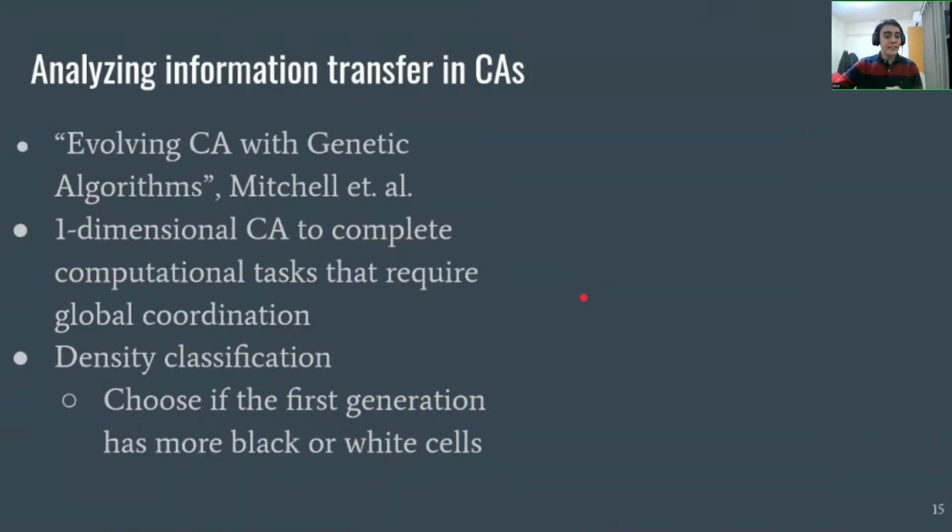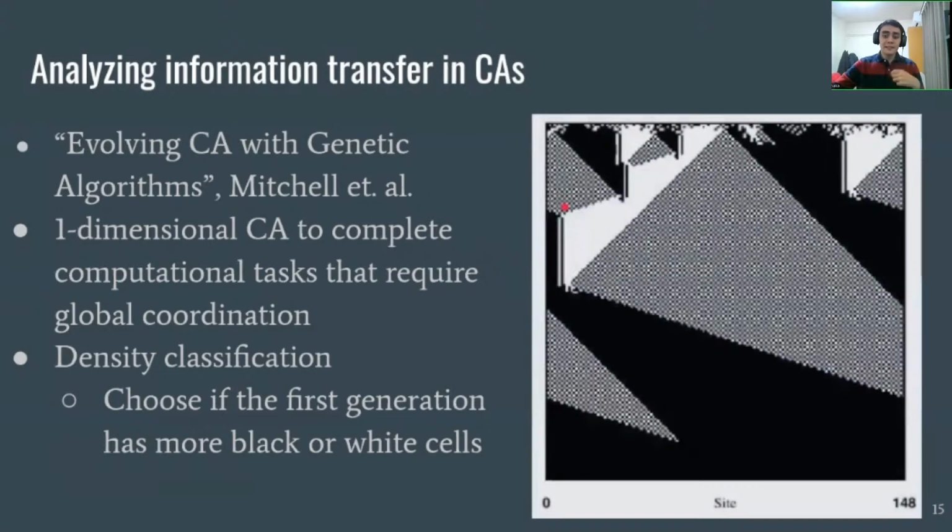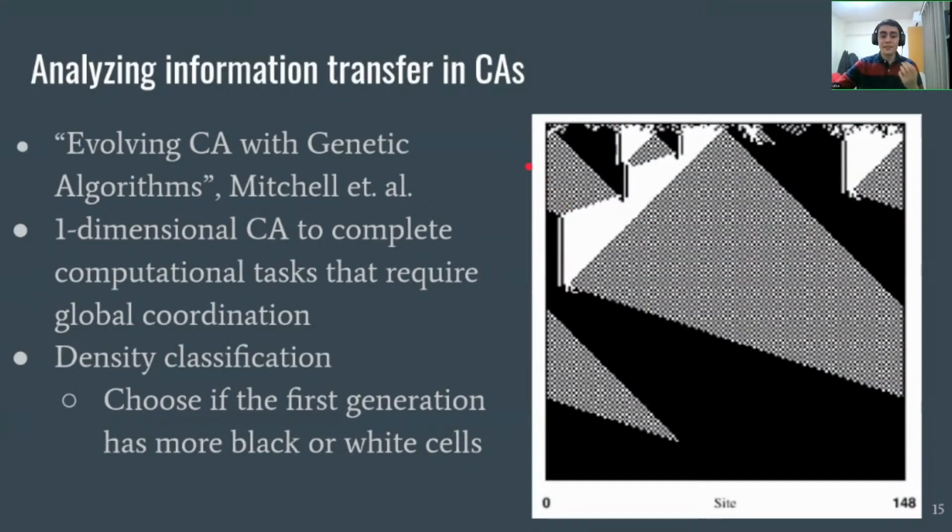This next work is a little more technical. In it, the researchers evolved a one-dimensional cellular automata, like the one we just talked about before, to complete computational tasks that require global coordination. They evolved the rules using genetic algorithms. Here is an example of the task of density classification.